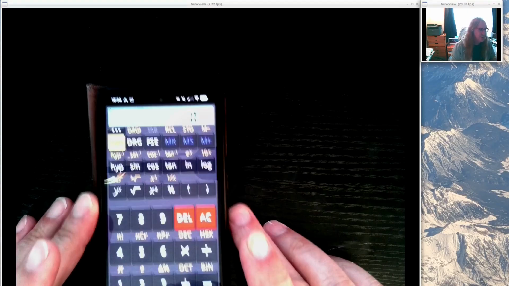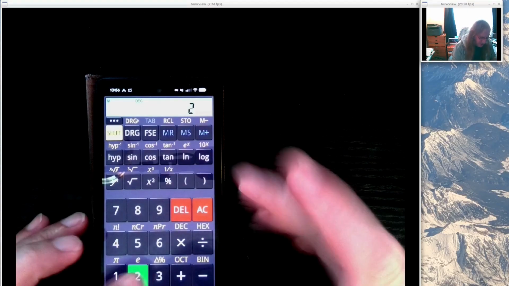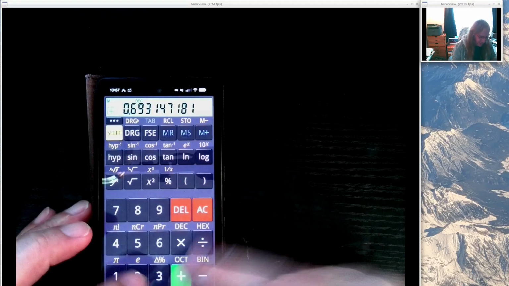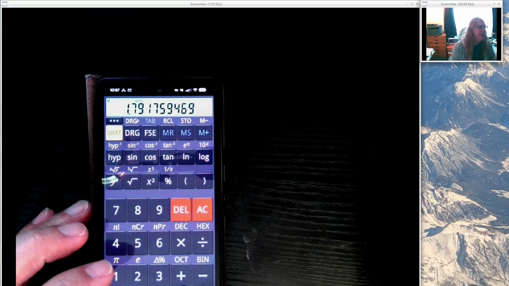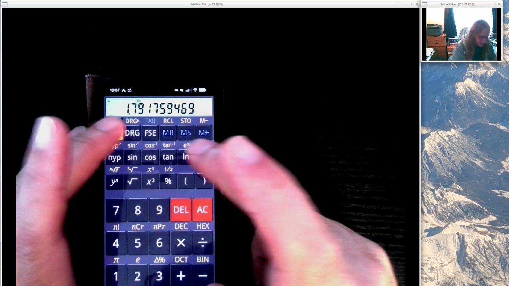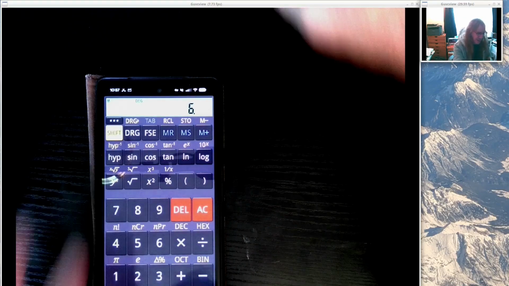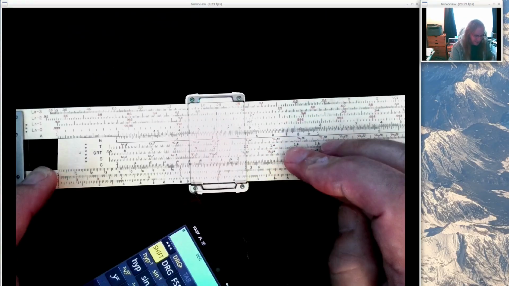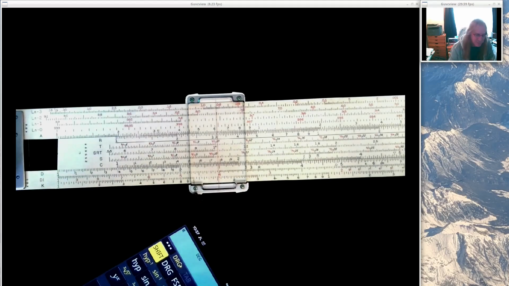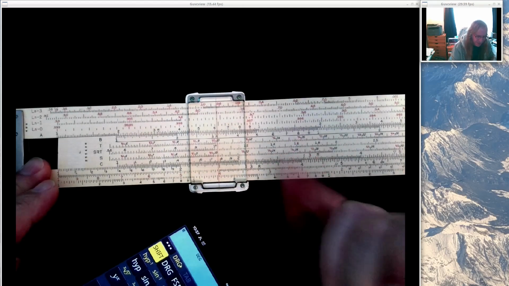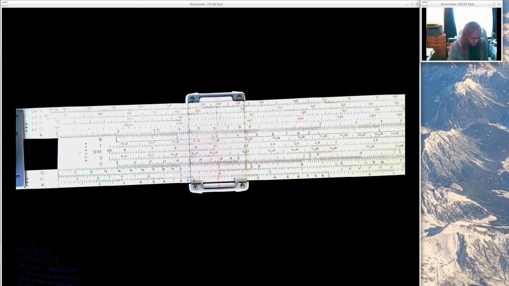For example, if I want to multiply 2 by 3, I can take the log of 2, and add the log of 3, and I get this number, and if I take the anti-log, e to the x, that's equal to 6. So by adding distances on here, if those distances are actually logarithms of numbers, the distance I end up with is the logarithm of the product of those original numbers. So that's a mechanical slide rule.